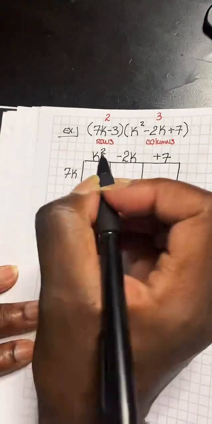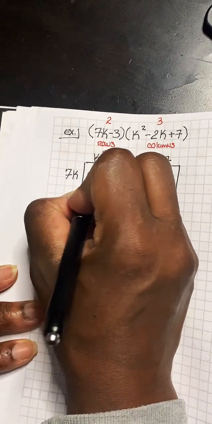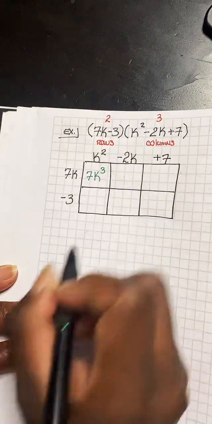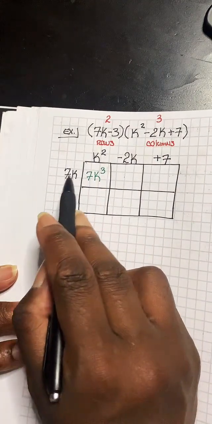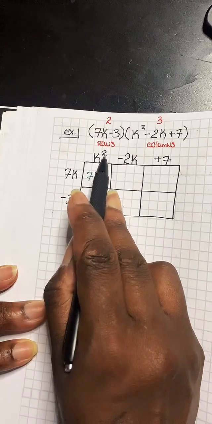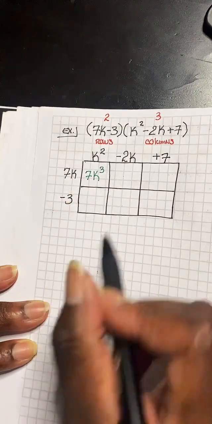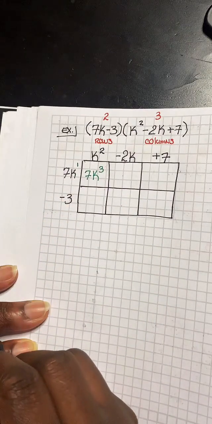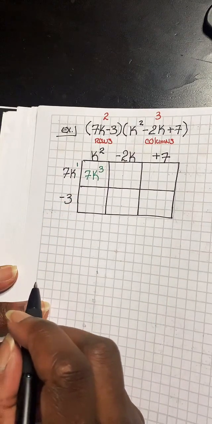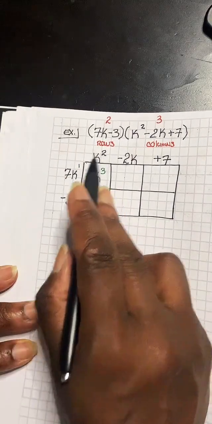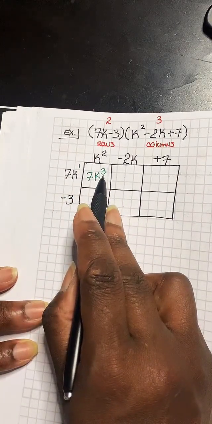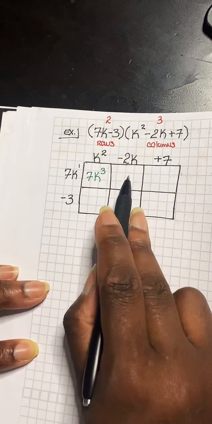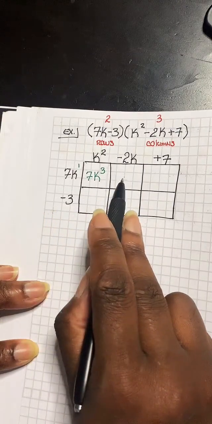All right. So when you multiply, you multiply the numbers, but add the exponents. If you don't see an exponent, it's assumed to be a 1. So if you're wondering where the 3 is coming from, 2 plus 1, that's where the 3 comes from. So to fill this box is negative 2k times 7k.